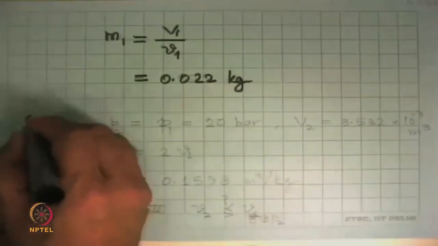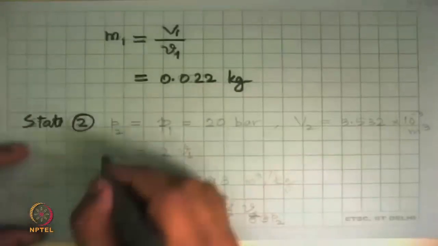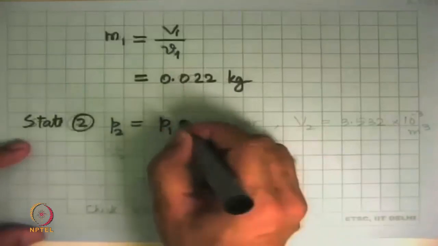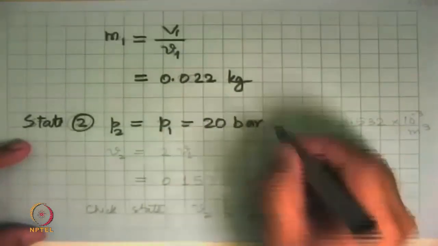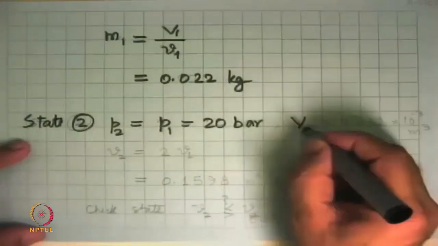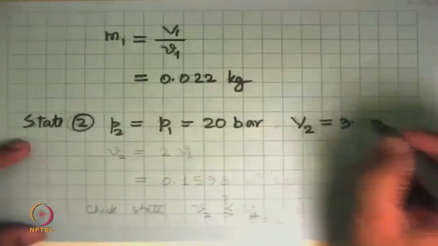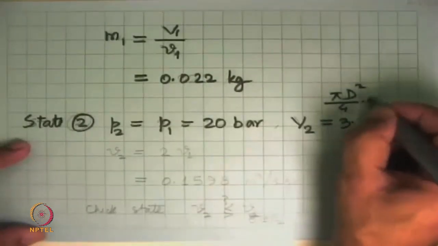Now we go to state 2. Here we have P2 is constant, which is given as P2 equal to P1, so this is 20 bar. And volume, we are told, has doubled, or we can independently calculate this as pi d square upon 4 into L2.